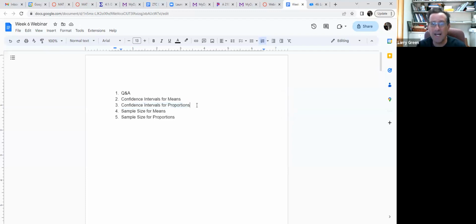Then once we go over that, we're going to get into something that is very important, and it's easy to just not think about. But if you don't think about it, you can end up with a disastrous result. And that is sample size. If you're going to do a survey, how many people do you need to survey? Do you need to survey 1 million people, which isn't even close to the number of Americans, for example?